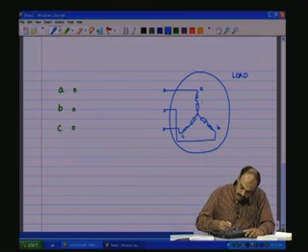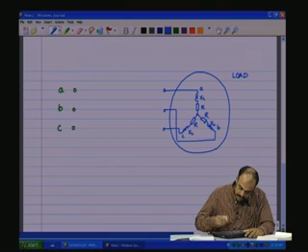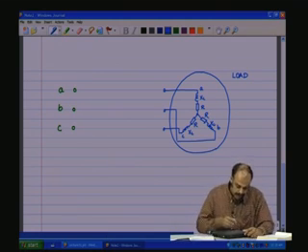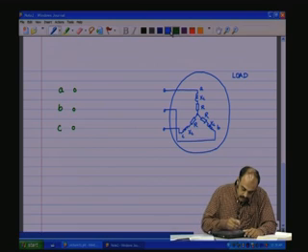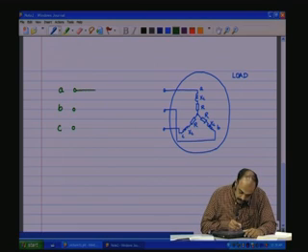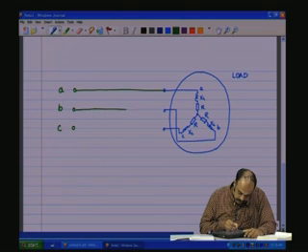Let us say they are all balanced. You have R, XL, R, XL. So, we make a connection between the source and the load.